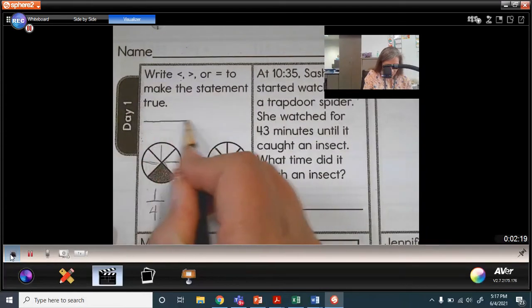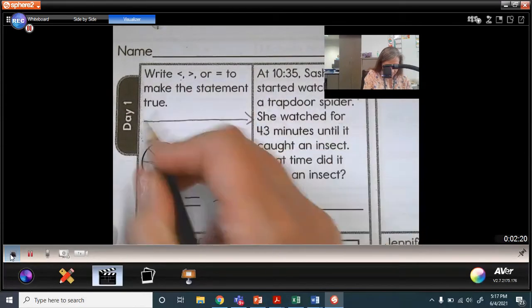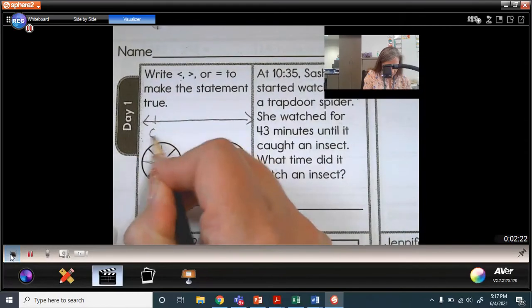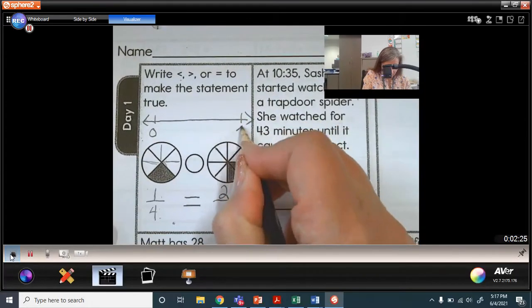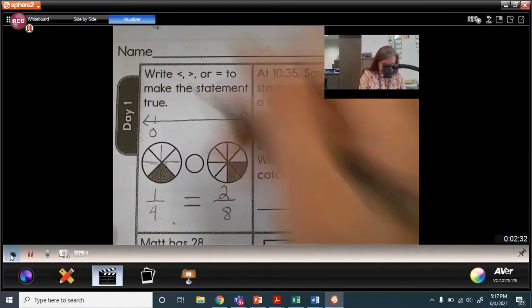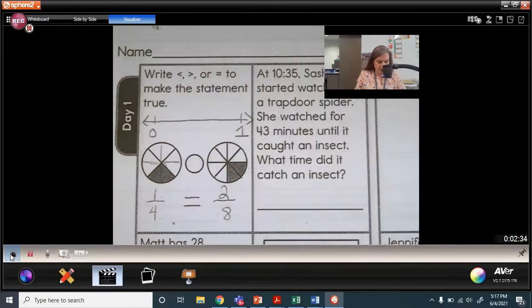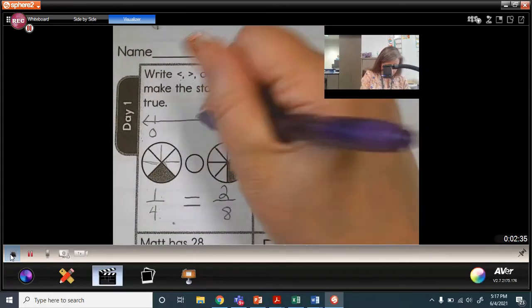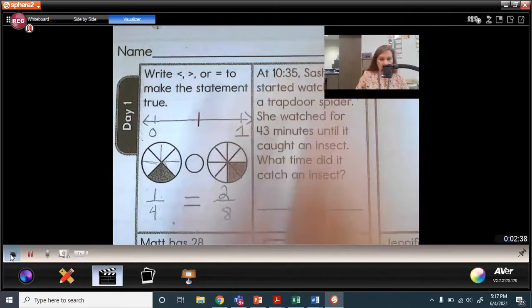So looking at a number line from 0 to 1, remember to get fourths, we start at the halfway point, right? Half. So I'm going to put this as a purple line down the middle here.